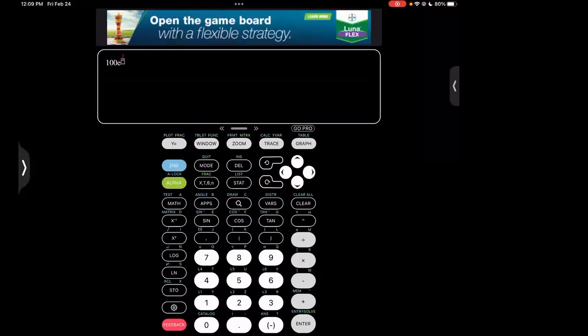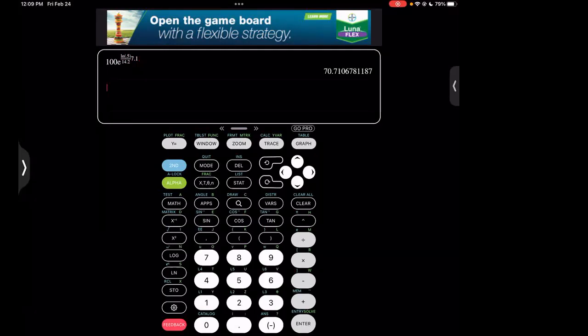So I have ln 0.5, arrow down, 14.2, go over, arrow to the right, 7.1. Was it 7.1? So 70.7 grams left.